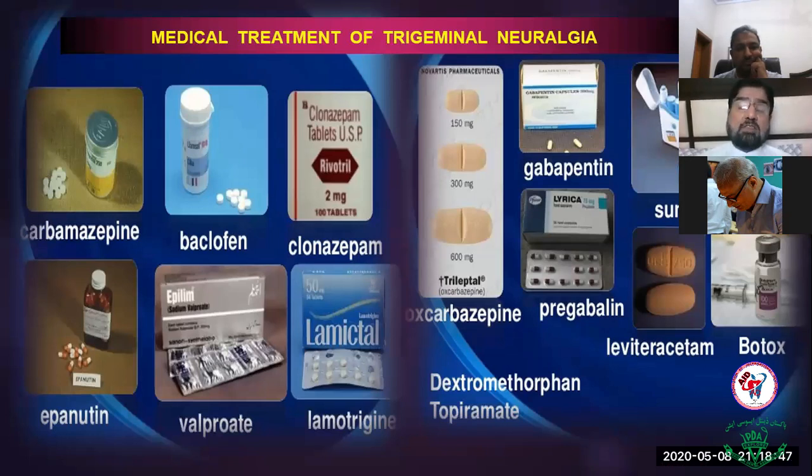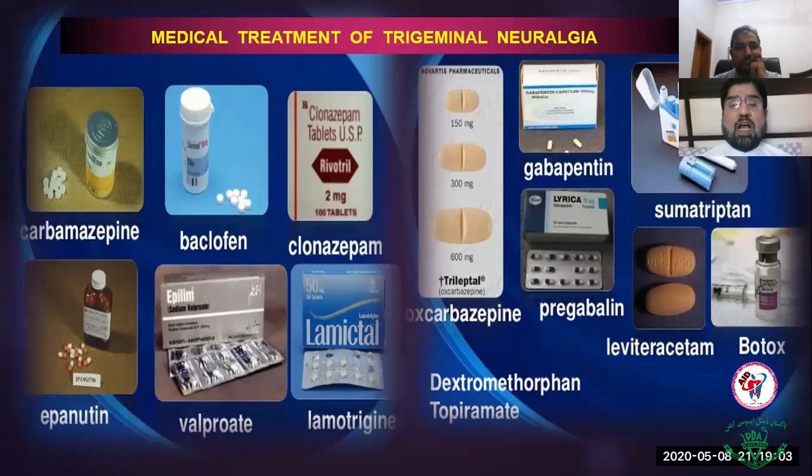So many medicines are being practiced in daily use. And when we take the literature, we come to know that it is not only these medicines right in front of you; there are so many medicines which are being practiced in a routine way.